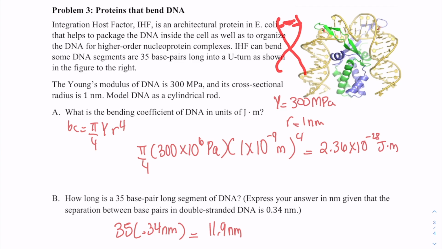Because what they're asking about is for each pair there, we're just looking at the separation distance, and that's what we're trying to figure out, just the total length of the segment of DNA.